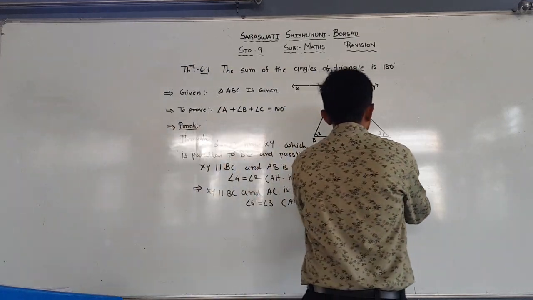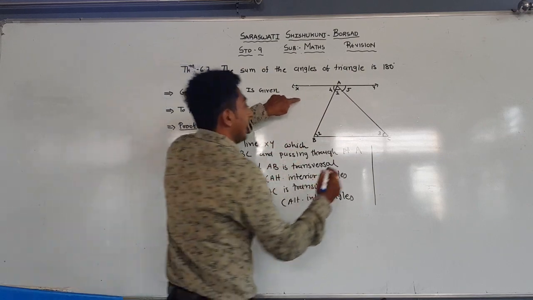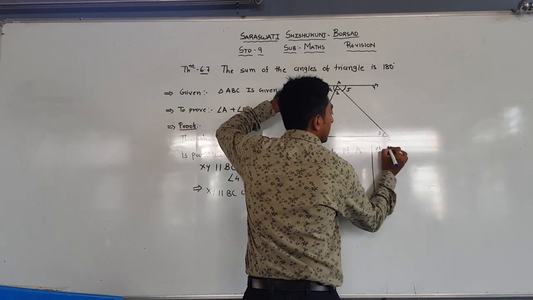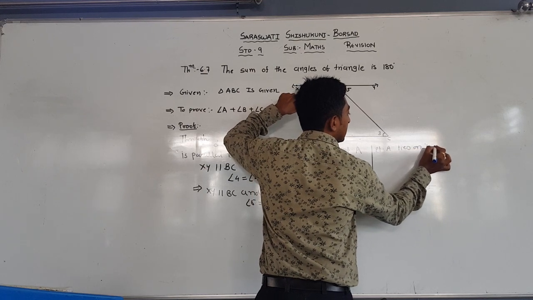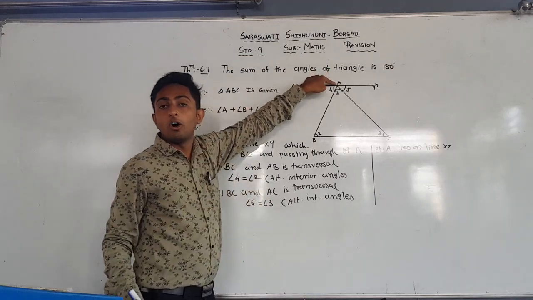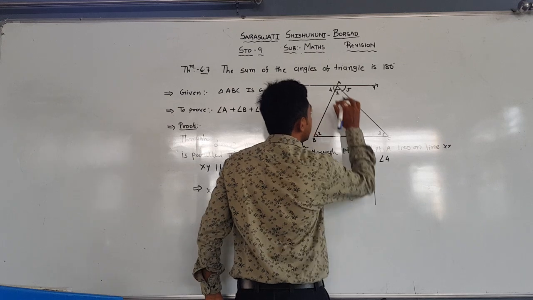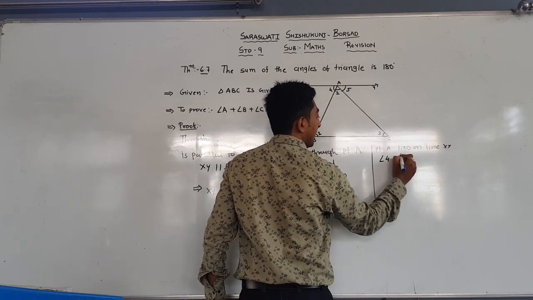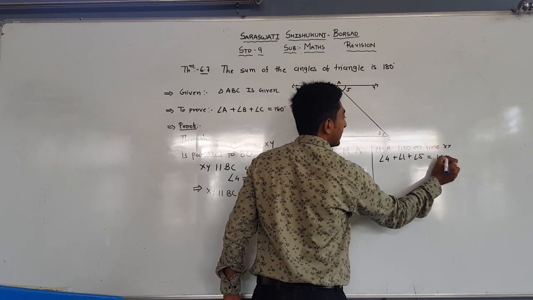Now, can I say that point A lies on line XY? We can see that point A lies on XY. So can I write angle 4 plus angle 1 plus angle 5 equal to 180 degrees?